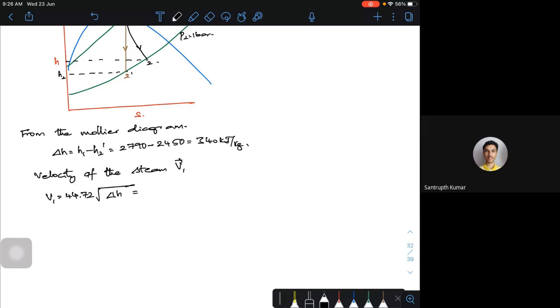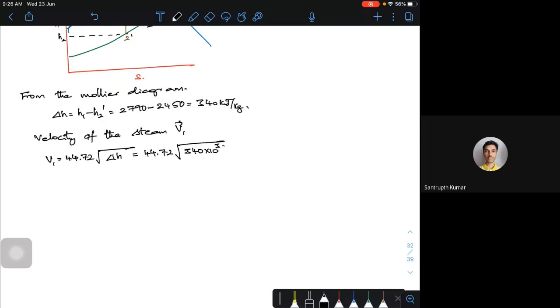So it is 44.72 into square root of 340 into 10 to the power of 3, because I'm converting from kilojoules. So I'm getting my V1, roughly around 800.